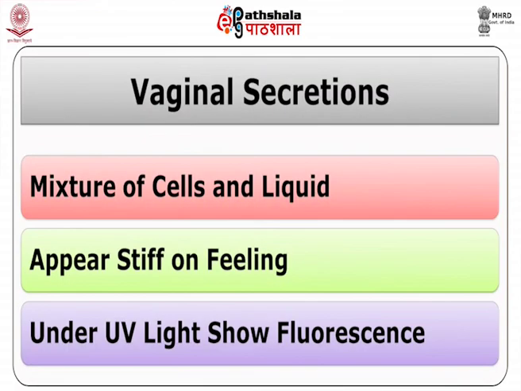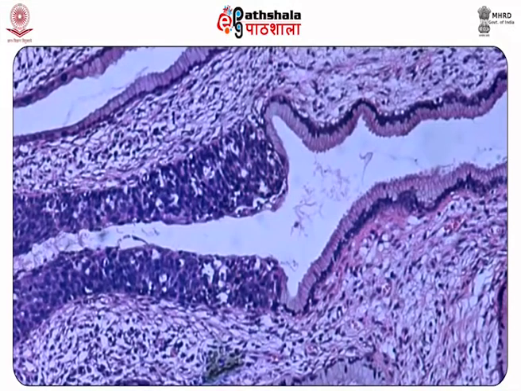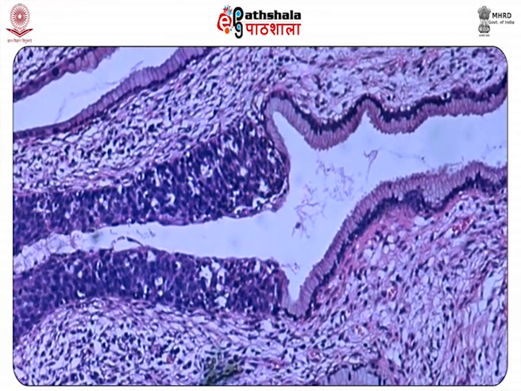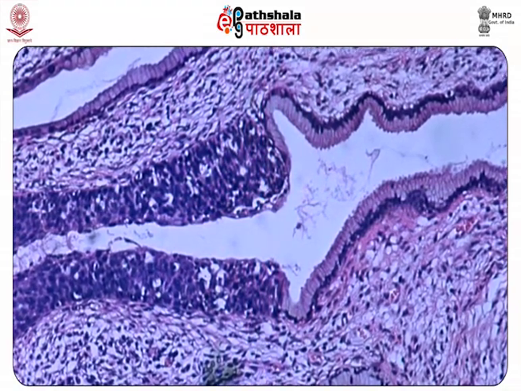Vaginal secretions and feces. Vaginal secretions contain a mixture of cells and liquid. Vaginal secretions appear stiff on feeling when these are on clothing. Under UV light examination, these show fluorescence. Vaginal secretions contain squamous epithelial cells that are rich in glycogen.